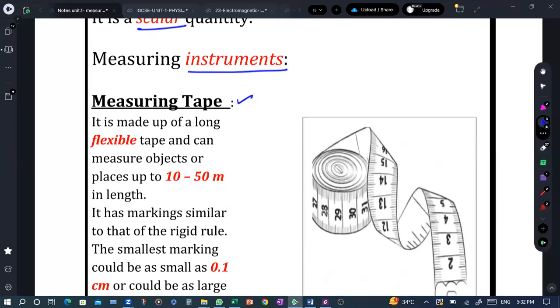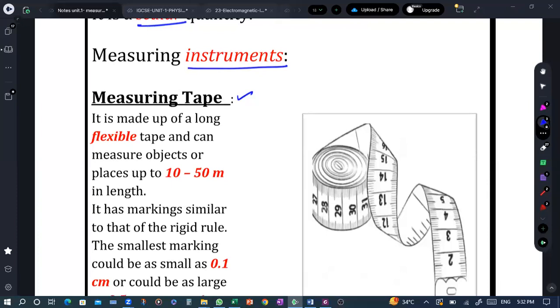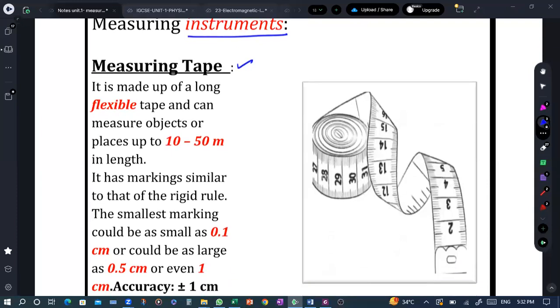How many of you have seen a measuring tape? Yes, almost everybody has it at home, right? It is very closely related with our clothing and stitching.